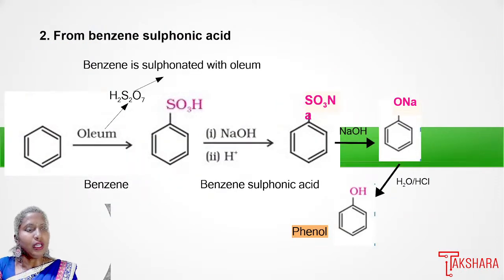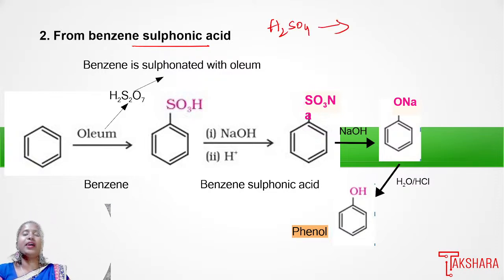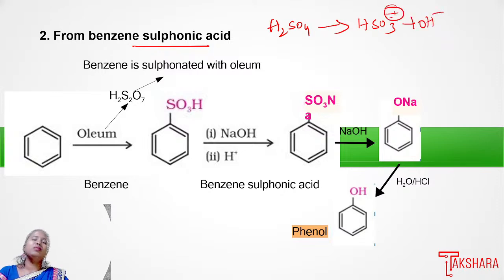Then next, the next method of preparation of phenol is from benzene sulfonic acid. Sulfonic acid is formed like this: H2SO4 when it undergoes ionization we will get SO3H plus OH minus.